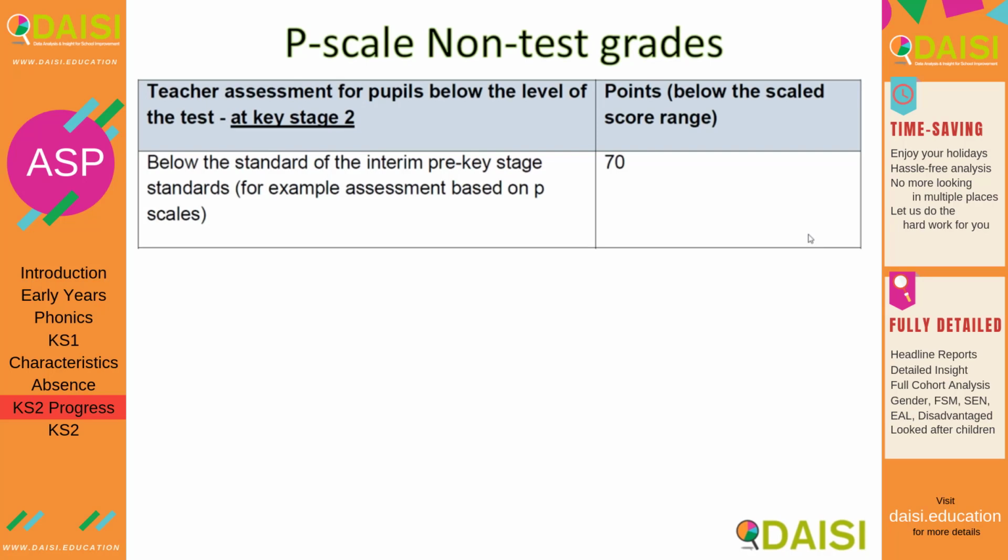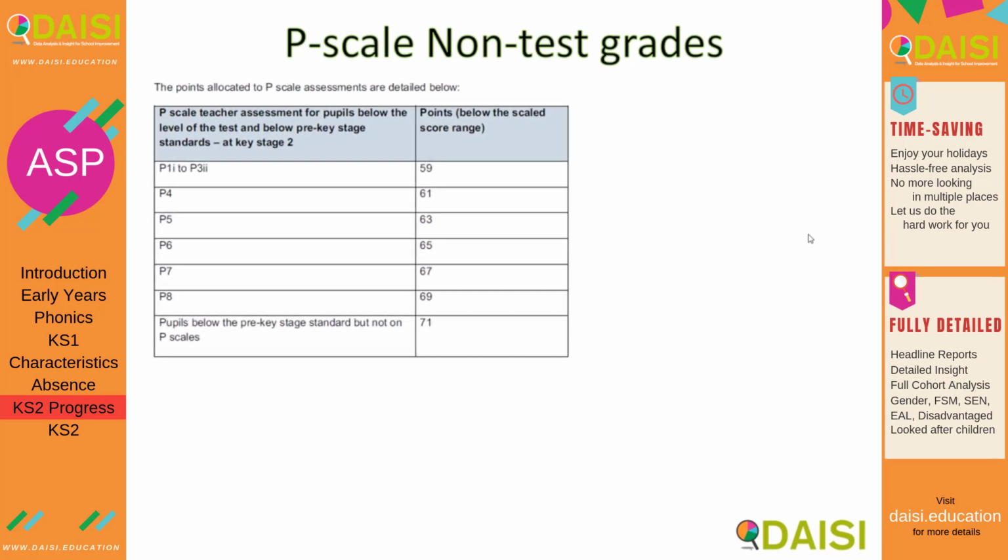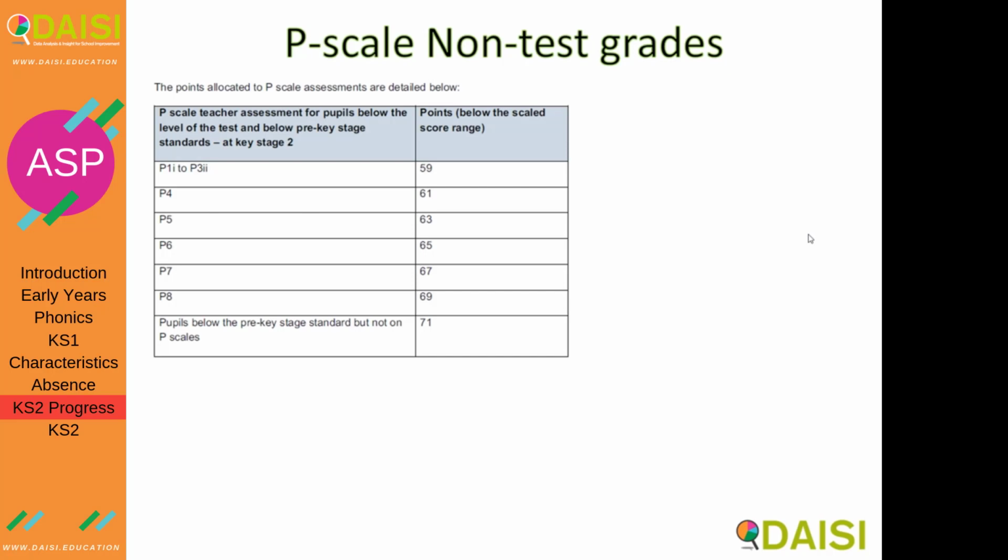So your pupils on P scales were guaranteed to have a progress score of -8. So in 2017, the government decided to extend this range so that it is reflective of the P scales, all the way down to 59 points.